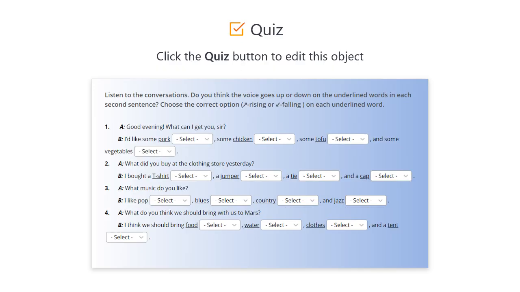The next one, listen to the conversations. Do you think the voice goes up or down on the underlined words in each second sentence? Choose the correct option, raising or falling tone on each underlined word.